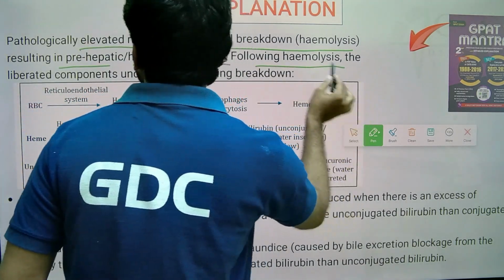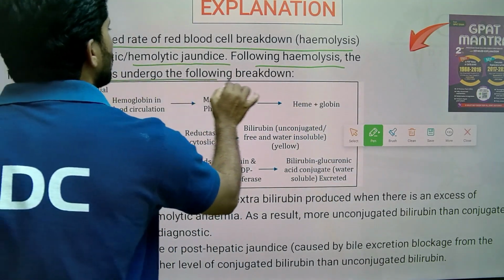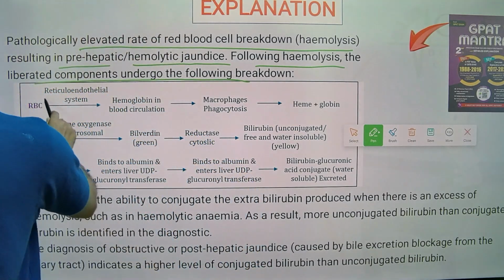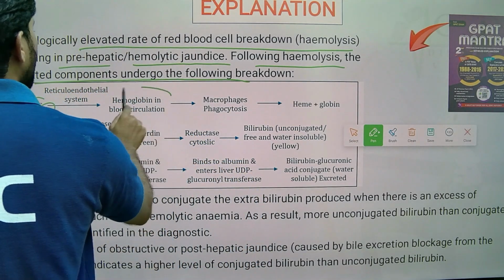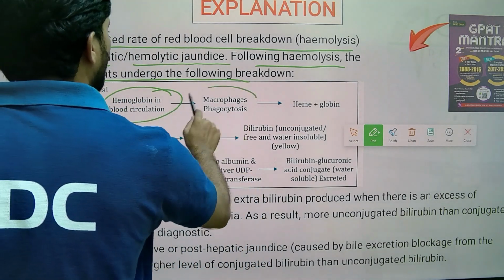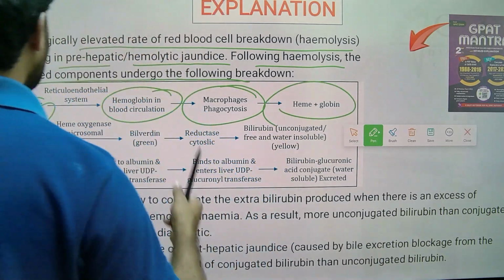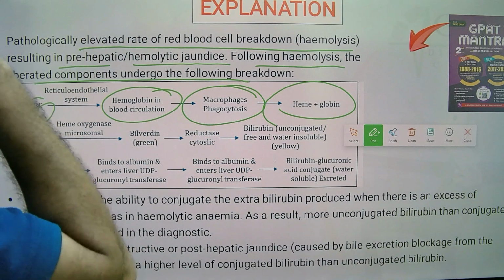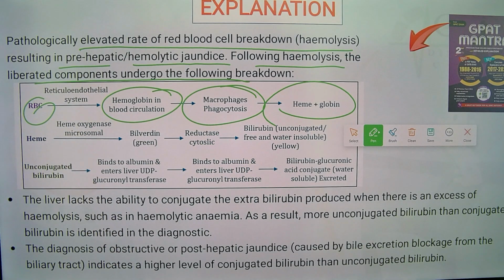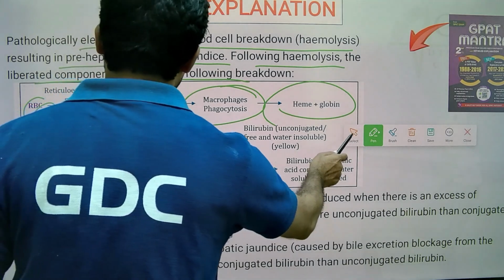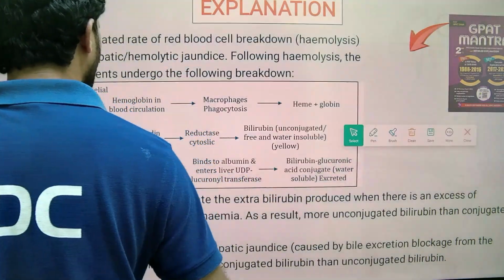Following hemolysis, the liberated components undergo further breakdown. For example, red blood cells release hemoglobin into the blood circulation, and macrophage phagocytosis breaks it into heme plus globin. So excess breakdown of hemoglobin may lead to jaundice. That is jaundice due to hemolytic anemia.